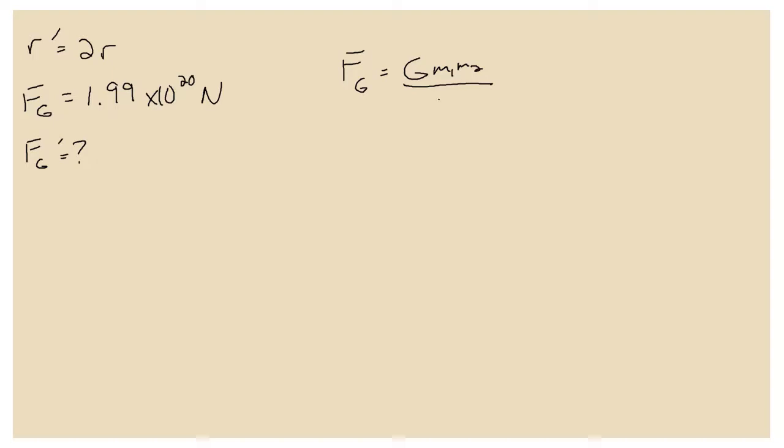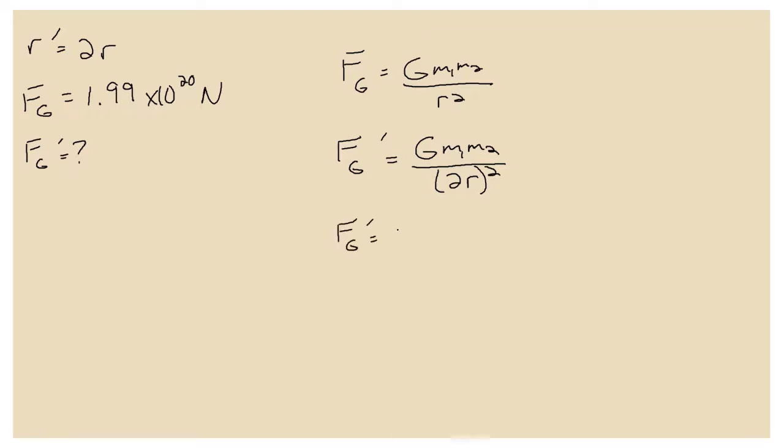So we can say r prime here is 2r, and Fg, as we calculated, is 1.99 times 10 to the 20 newtons. We're looking for Fg prime. And so we write our original equation, Fg equals G m1 m2 over r squared. Then we write our primed equation, Fg prime is G m1 m2 over 2r whole thing squared.